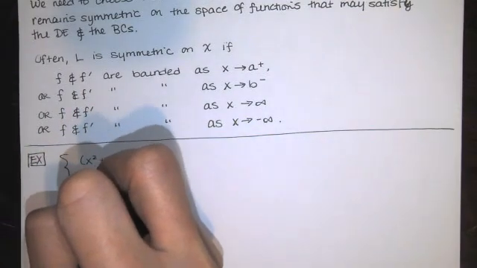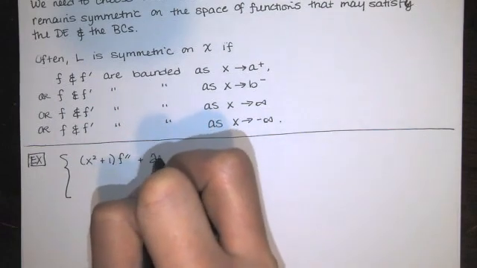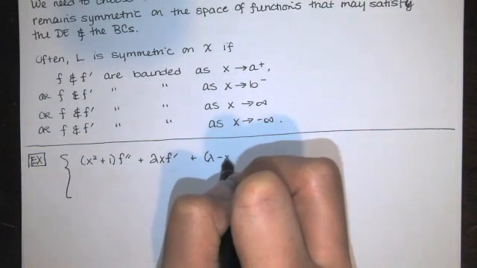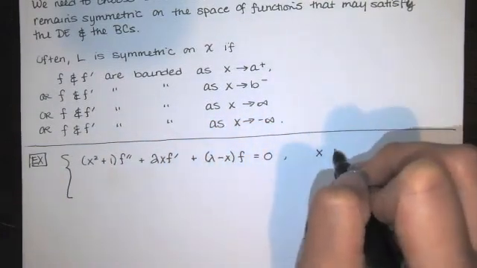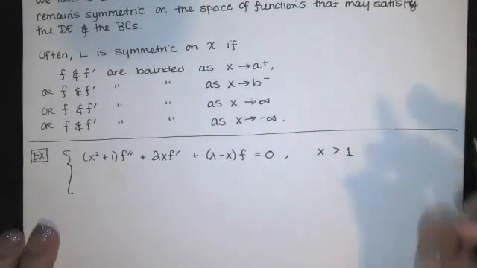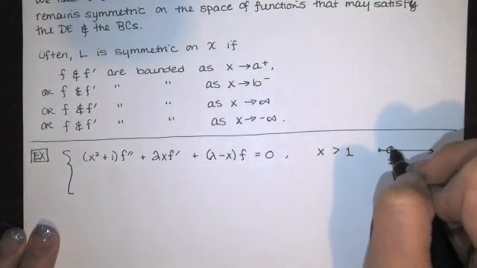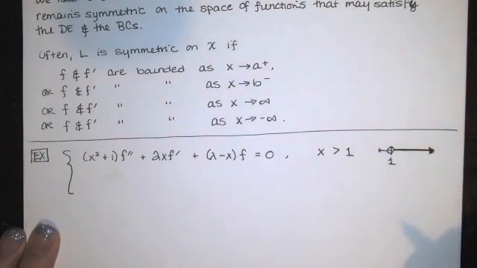We've got x squared plus 1 times f double prime plus 2x times f prime plus lambda minus x times f equals 0 for x greater than 1. And right away, I want you to notice we're talking about an interval that starts at 1 and goes to infinity. So we've got an infinite interval of interest.